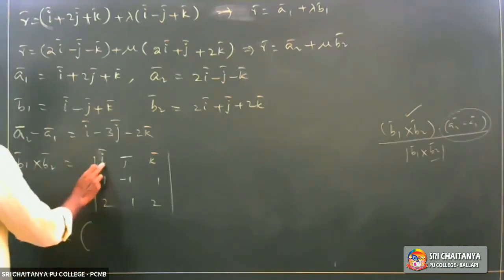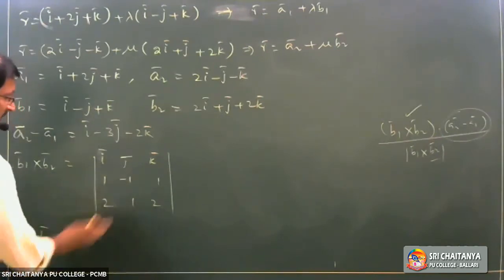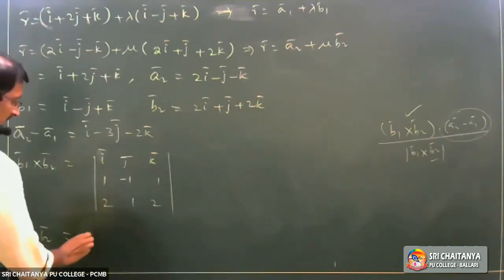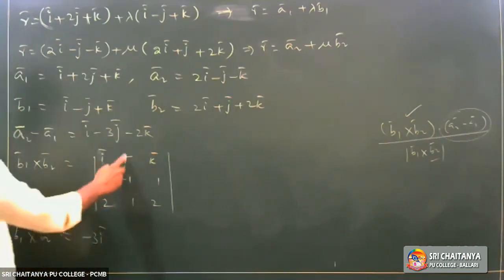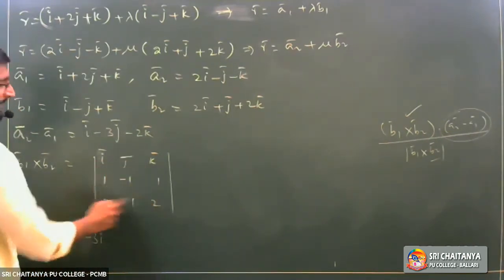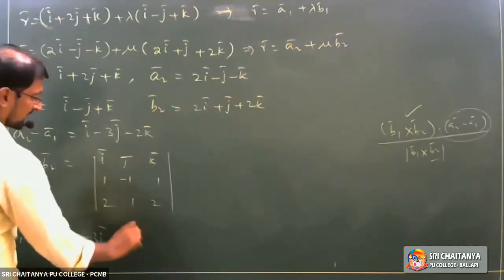You are going to get minus 2 into 1, it is minus 2 minus 1, it is minus 3i, right? And j bar 2 minus 2, it is 0 plus 3k you are going to get.